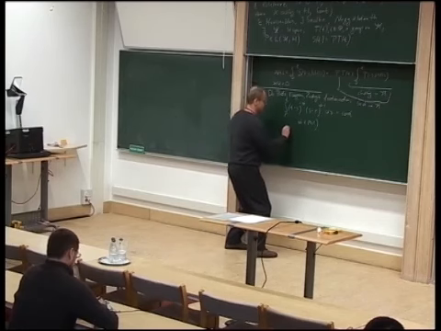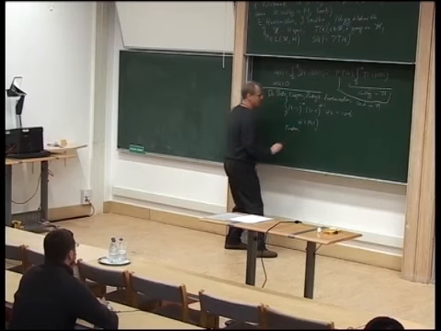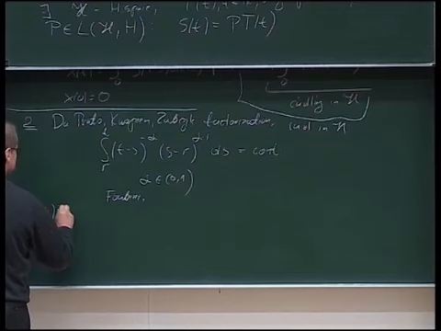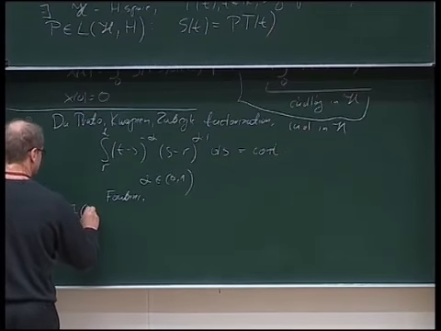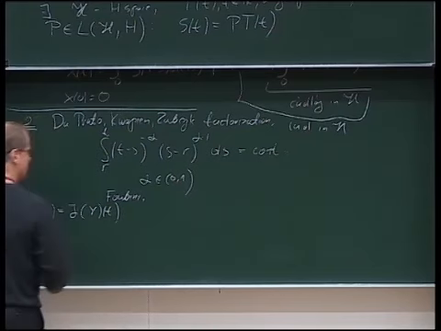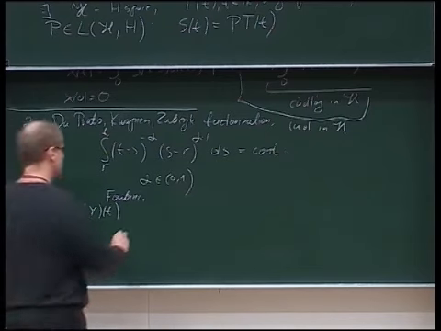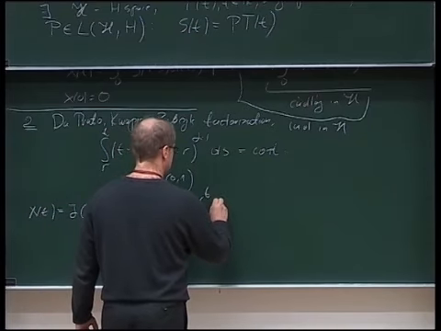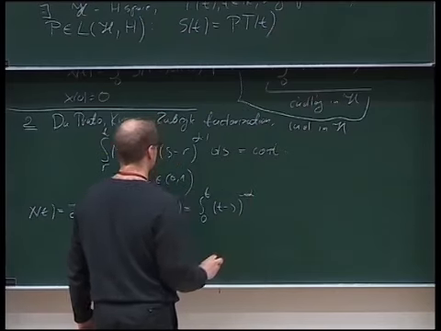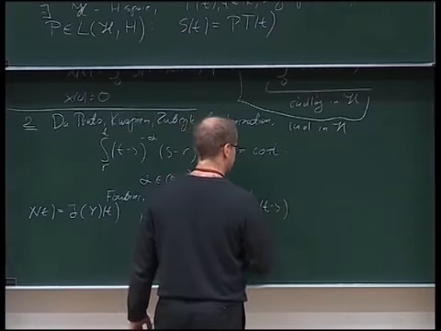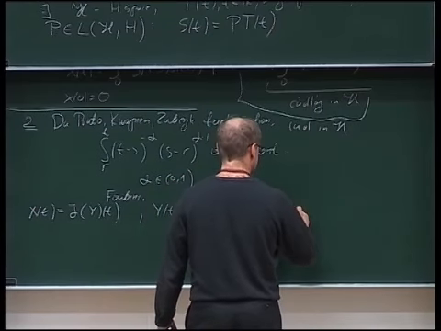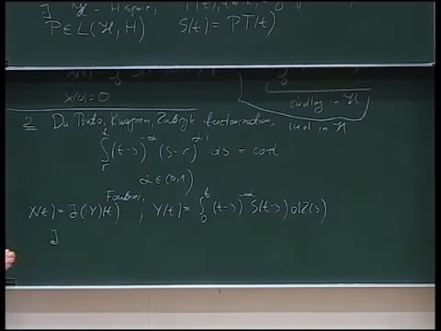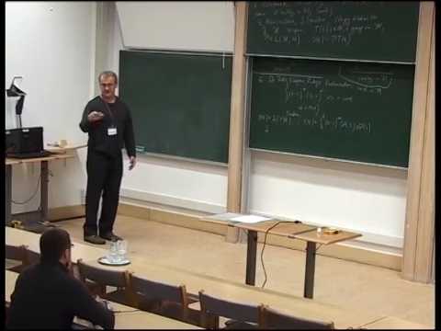So if we have these two, plus Fubini, what we have is that X_t is the same as J Y of t, where Y is the integral from 0 to t of (t-s)^{-alpha} S_{t-s} dZ_s, and J is a deterministic operator.